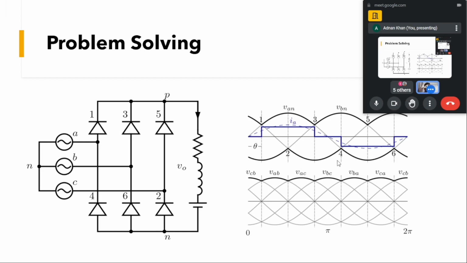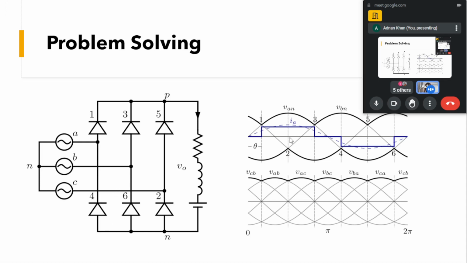After point 4, the A phase is connected, so diode 4 will start conducting. From 6 to 2, the B phase has the lowest potential, so diode 6 will start conducting.